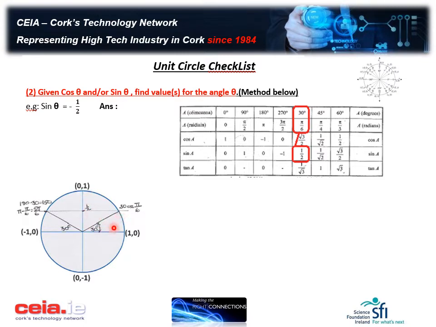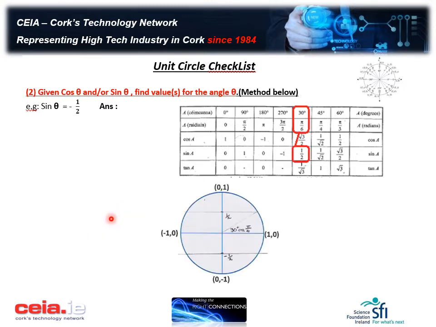That is at pi over 6, or 30 degrees, but also at this point here, and we can think of this point as being pi minus pi over 6, which is equal to 5 pi over 6. So the 2 points where sine of theta equals a half can be pi over 6 and 5 pi over 6.